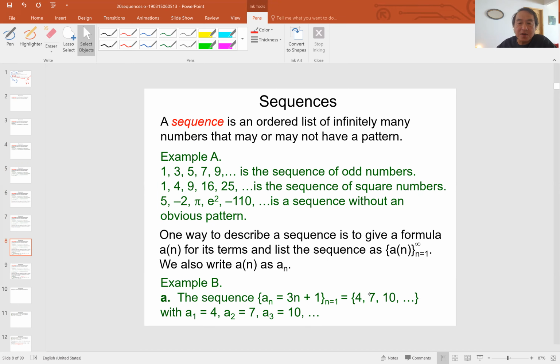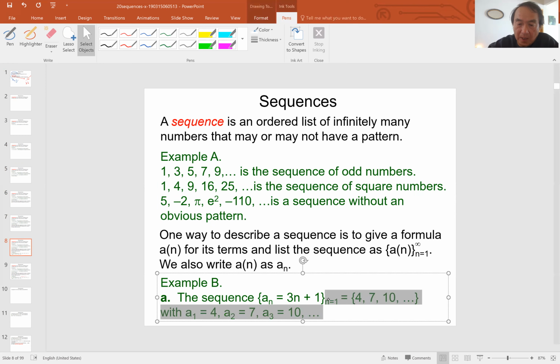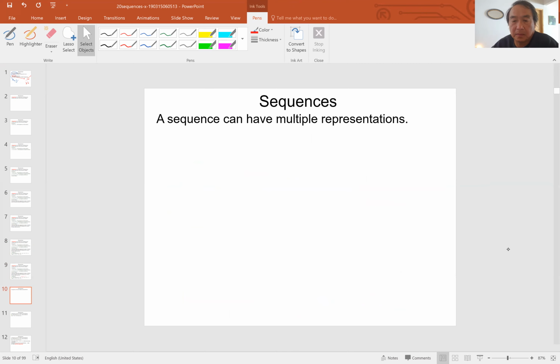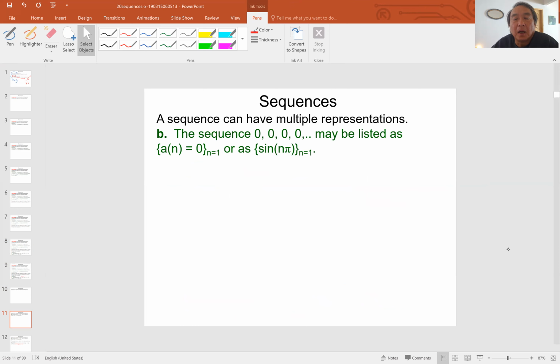For example, here the nth term is 3n plus 1, and it would generate the sequence. If I plug in n equal to 1, 2, 3, 4, and so on, it generates the numbers 4, 7, 10, and so on. We're going to omit writing infinity on top, with the infinitely many terms understood.